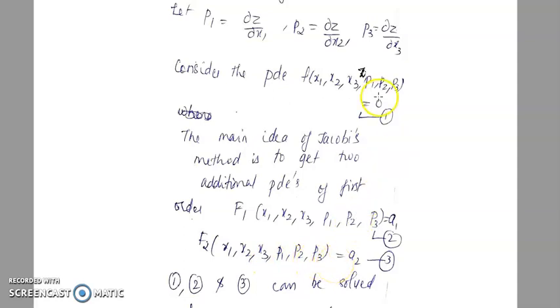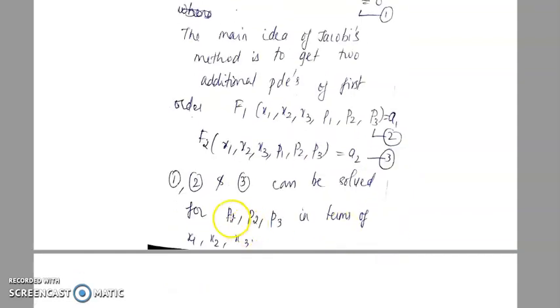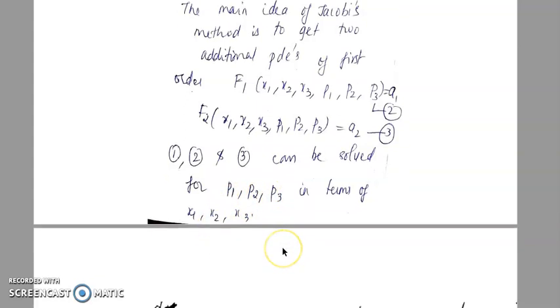On solving equations 1, 2 and 3, we will find the values of p1, p2 and p3 in terms of x1, x2, x3, and they can involve a1 and a2. So p1, p2, p3 will be obtained in terms of x1, x2, x3 and constants.